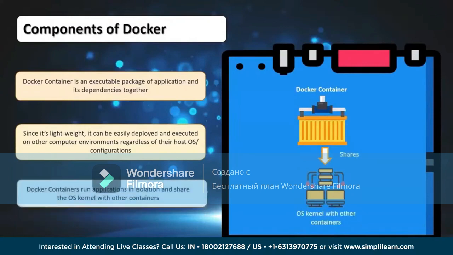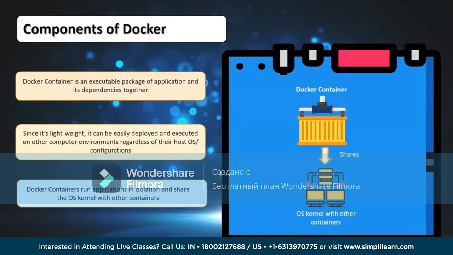Docker containers can run in total isolation, just like a virtual machine, so there is no interaction or interference. They share the OS kernel, but they don't have the interface as such, so it works totally in isolation.